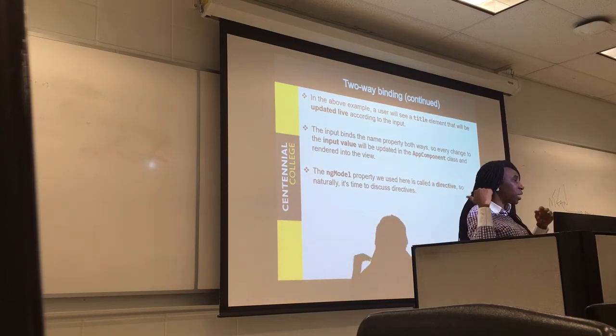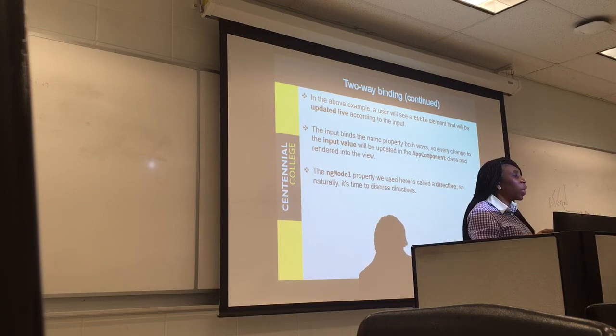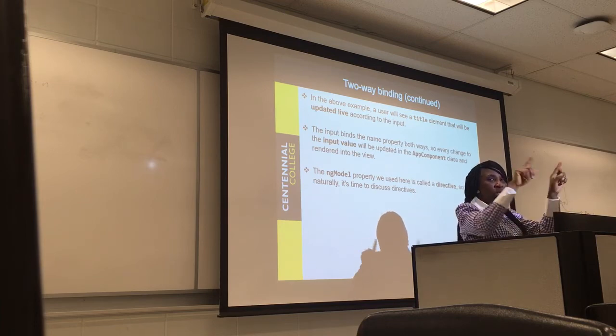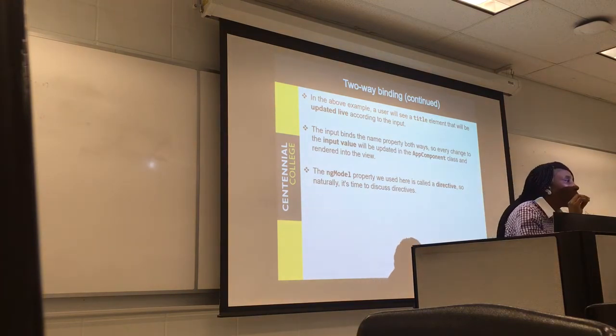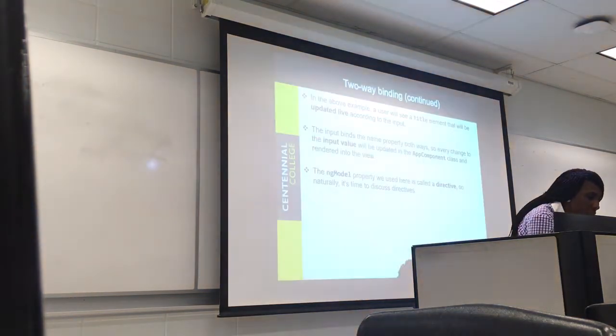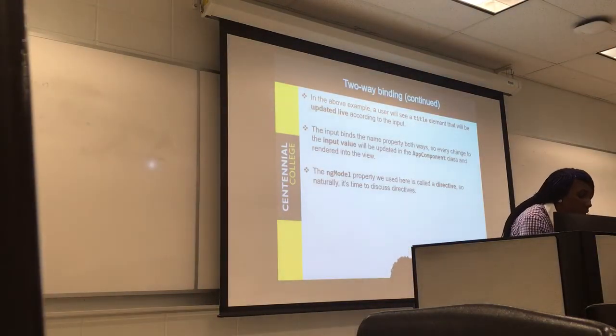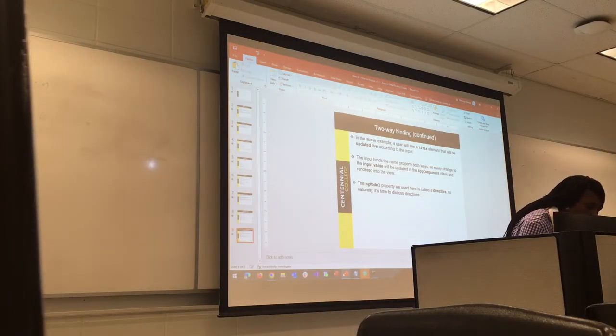I'm just trying to point our attention to it so that when I'm writing the code and you see double curly braces, a round bracket, a square bracket, or round and square brackets together, you should be able to understand what that script is doing at that time, right? Angular has the ability of doing two-way binding as we have mentioned, right?